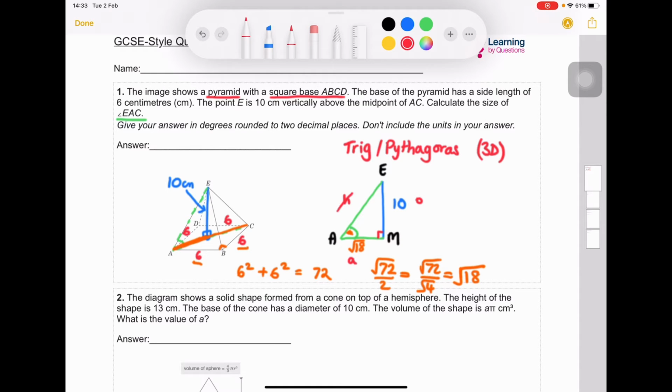We don't have a hypotenuse, so in terms of SOHCAHTOA, we need to use TOA, so tan angle equals 10 over root 18. So theta equals the inverse of tan, 10 over root 18. Let me just work that out using my computer.